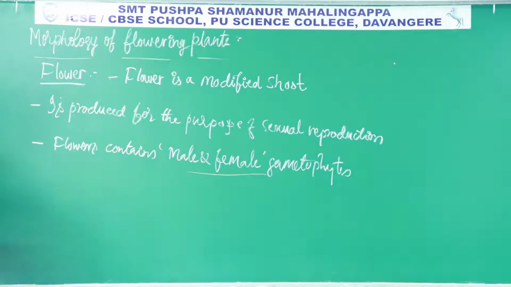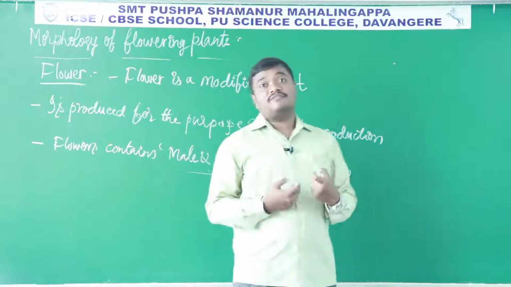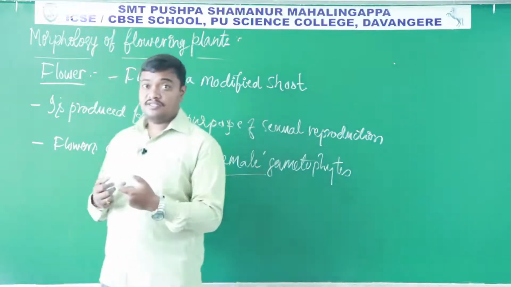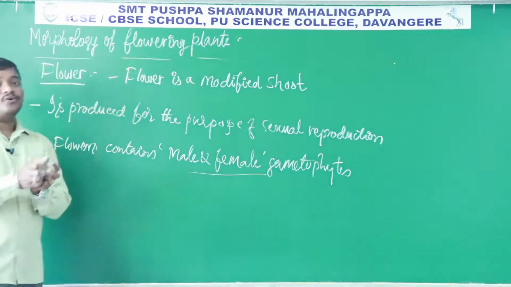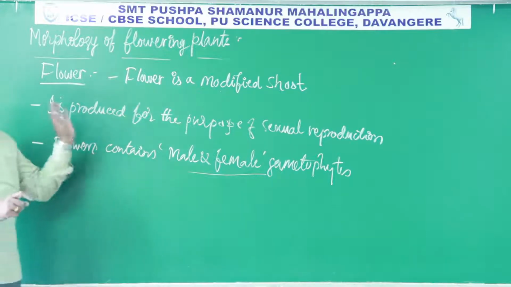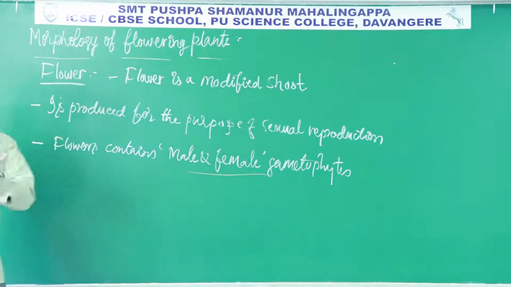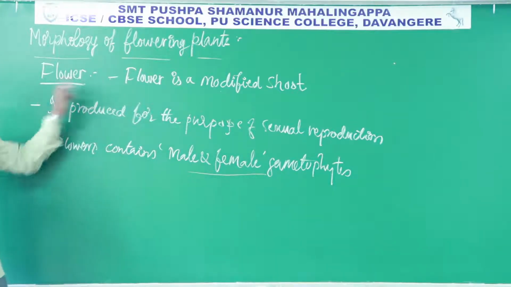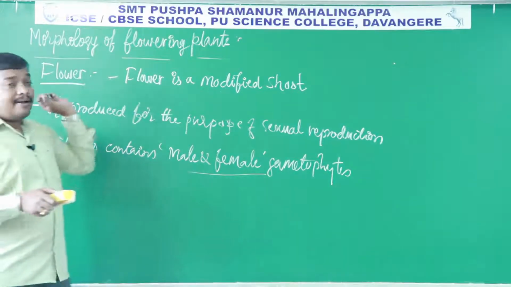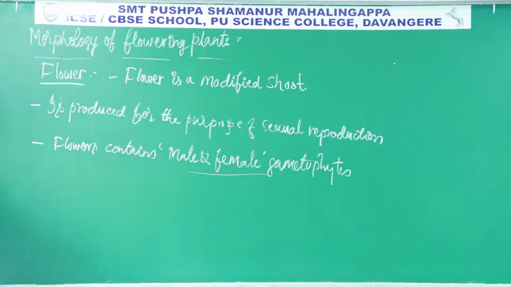So this flower we can compare with the cones of pteridophytes and gymnosperms, where sporophylls are aggregated together to form a compact structure called a cone. The same type of arrangement is observed in this flower, and we can compare these flowers to that cone, or rather we can compare that cone to these flowers. Okay, so let me explain why it is called a modified shoot by comparing it with the cones.